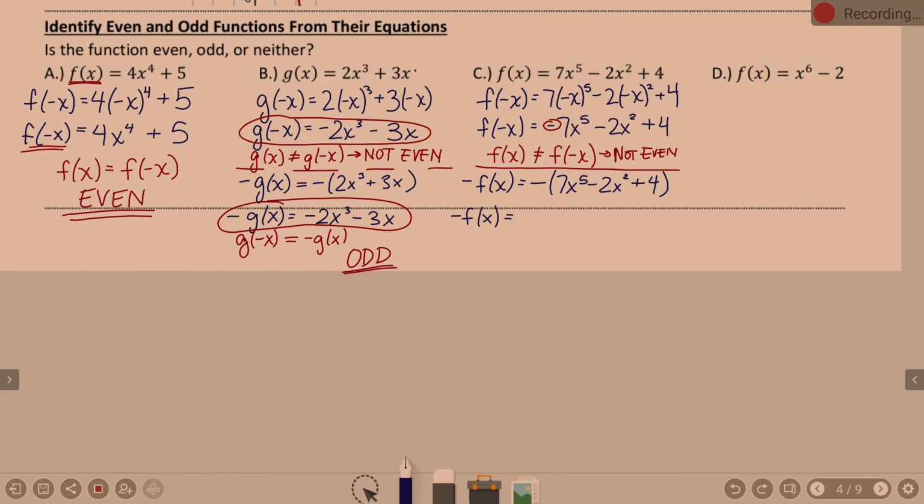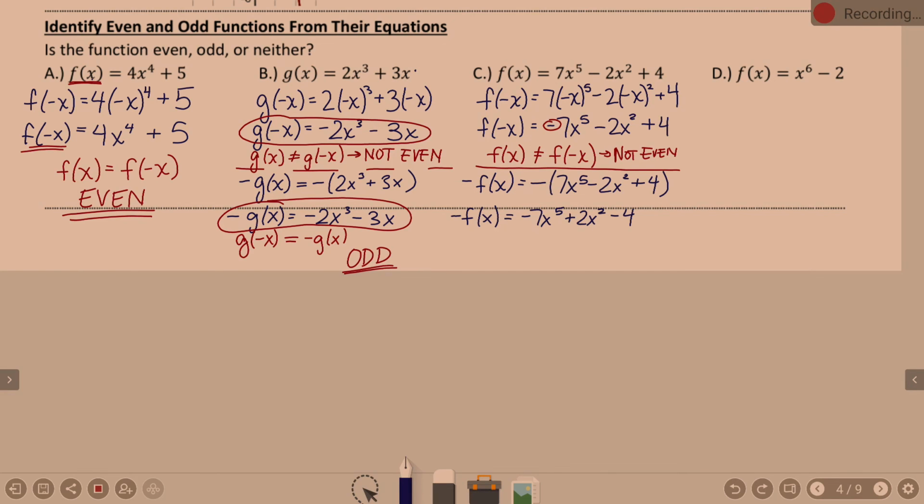Negative f of x says I'm going to multiply every term by a negative. So what do we have? Negative 7x to the 5th plus 2x squared minus 4.